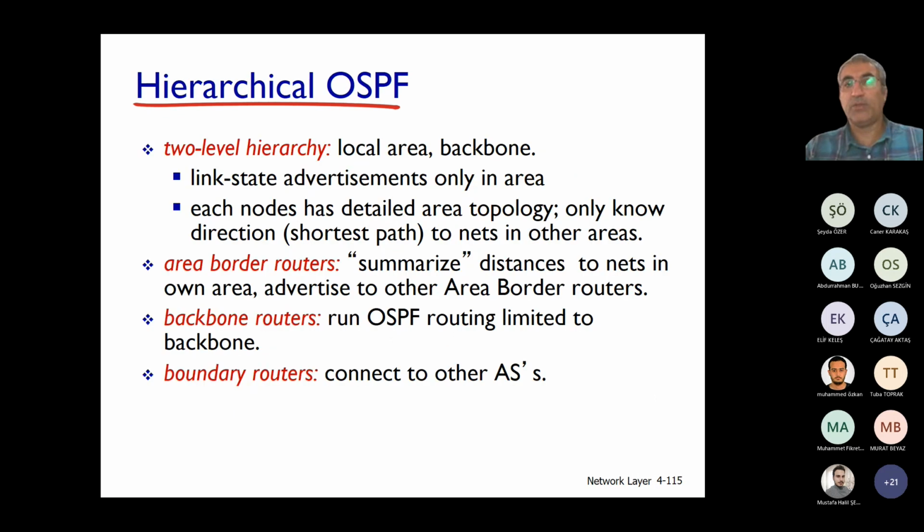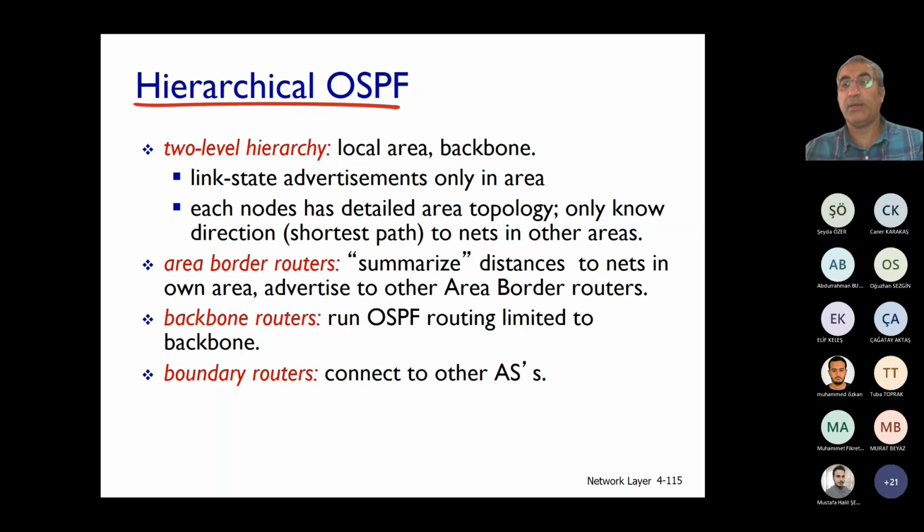So as I mentioned, there are two levels of hierarchy, local area and backbone. In this case, link state advertisement is only within the area, and each node has a detailed area topology. Nodes only know the directions to the networks in other areas. The second type of routers is the area border router, remember? They summarize the distance to the networks in their own area and advertise it to other area border routers.